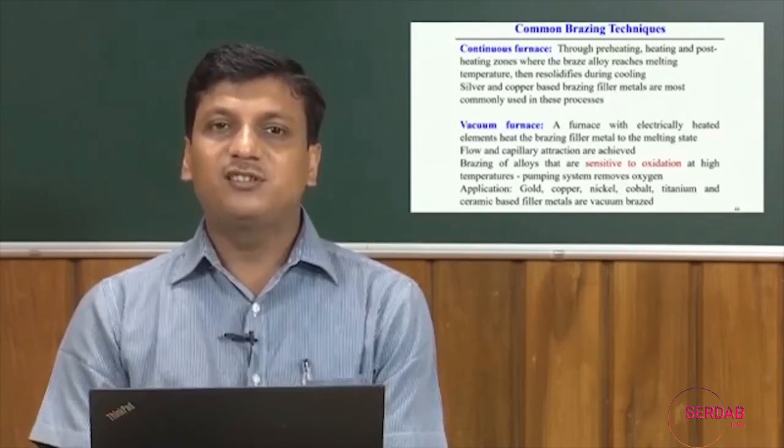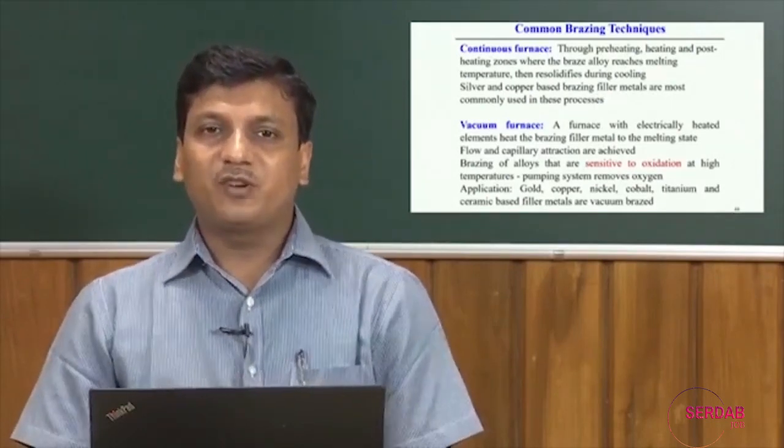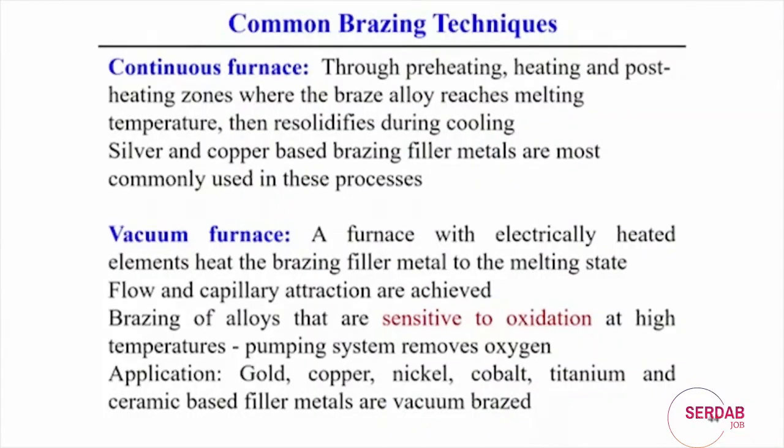The continuous furnace is open to air, but we follow the sequence of preheating, heating and post heating zones, which are controlled in the continuous furnace. The vacuum furnace is a simple way to avoid contamination with the surrounding atmosphere during the process.